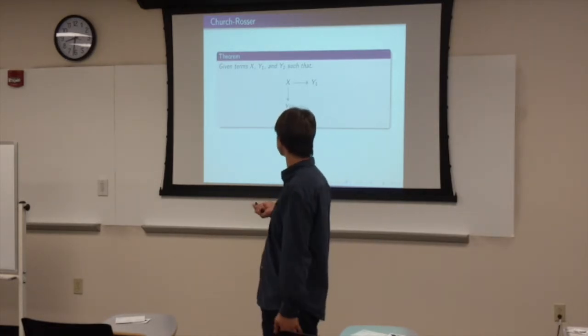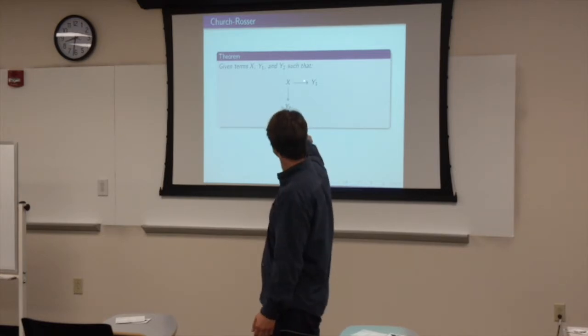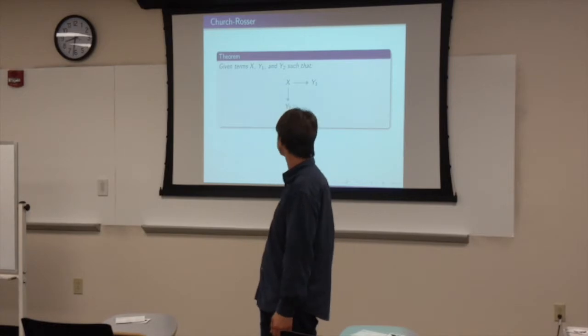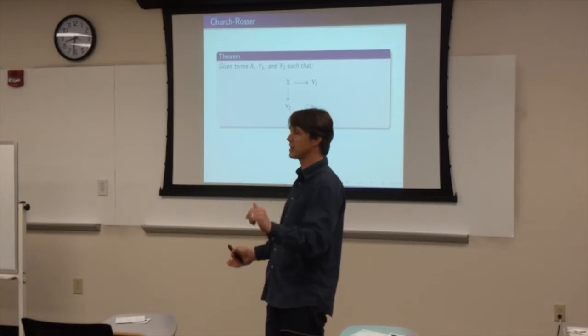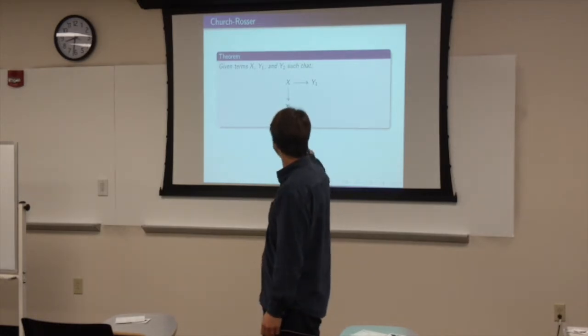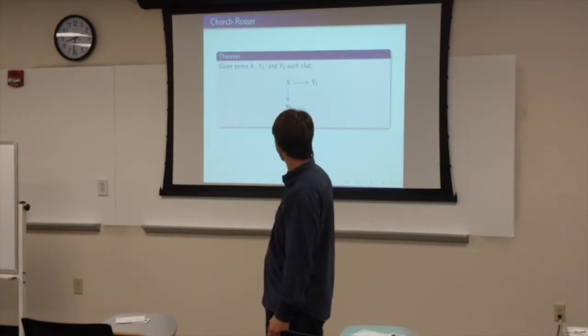That's a fundamental result. I'm going to explain what this notation is. If I could have figured out how to put a little beta subscript on the end of this double-headed arrow, I would have put it in. So this says, you've got some term x, and you beta reduce it a bunch with your favorite reduction strategy. You end up with some other term y1.